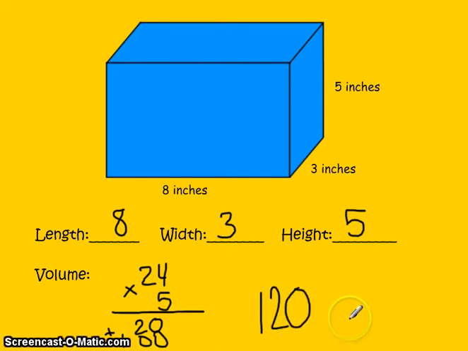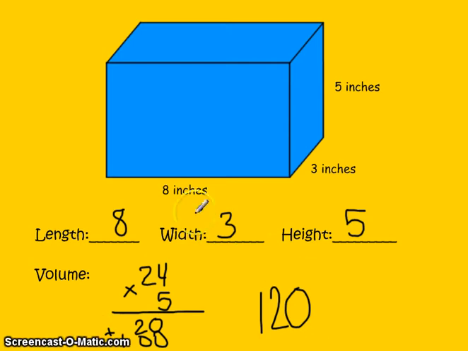Now, how do we label the answer for volume? We know with area, we use square units, square inches, square centimeters. Well, with volume, we're going to use cubed units. Cubed means 3 times in math. Look at how many things we multiplied. We multiplied 3 numbers.